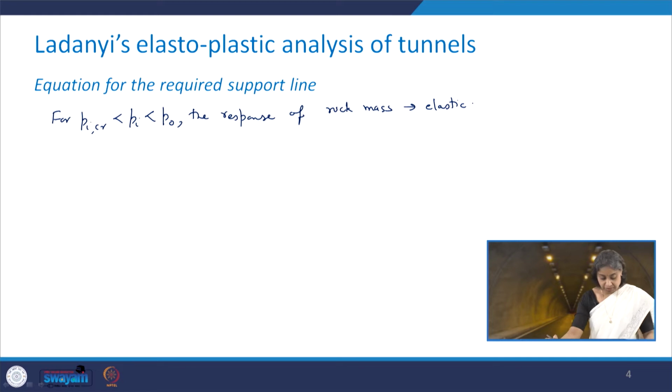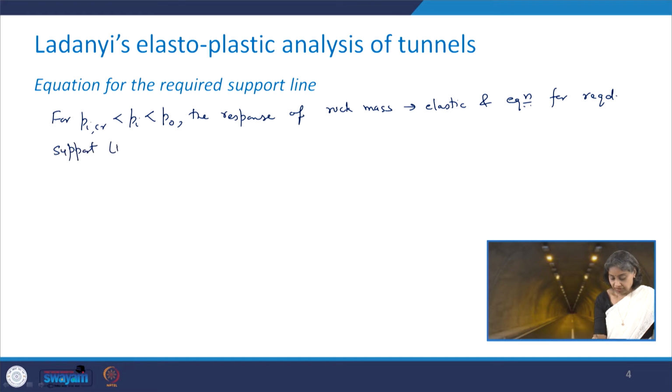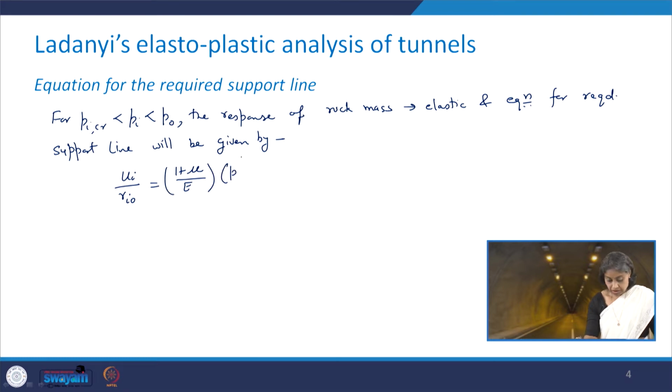We have seen this in the previous class, and the equation for the required support line will be given by Ui upon Rio is equal to (1 plus mu) upon E into (P naught minus Pi).